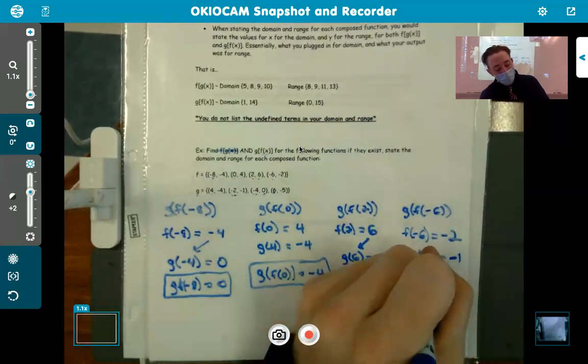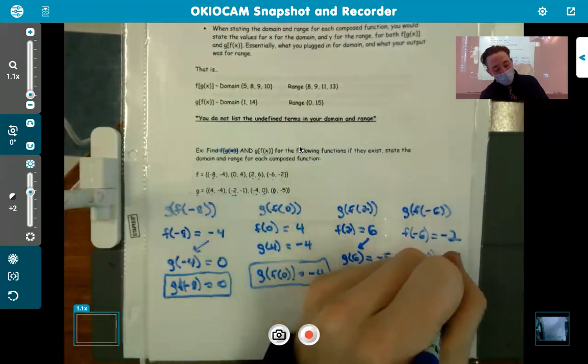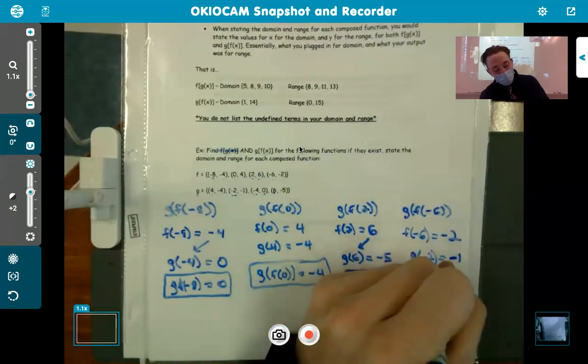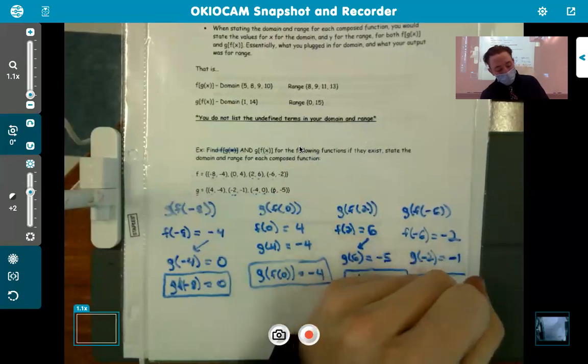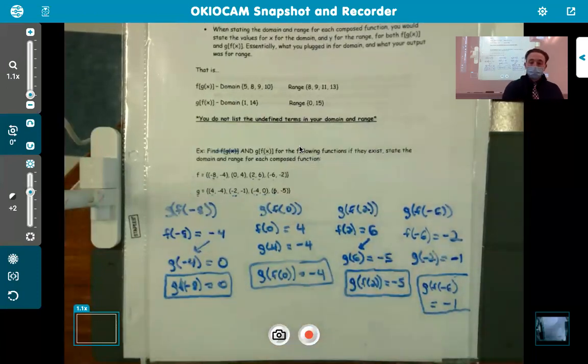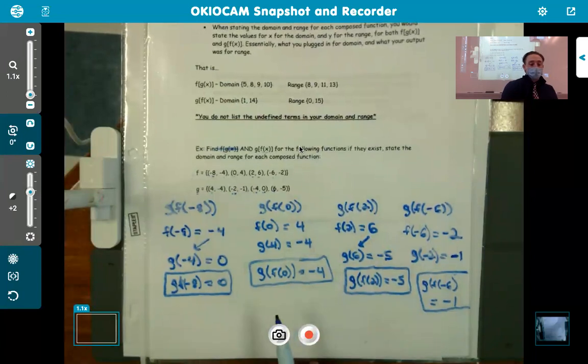So then g of f of -6 is -1. Any questions about how we found any of those values?